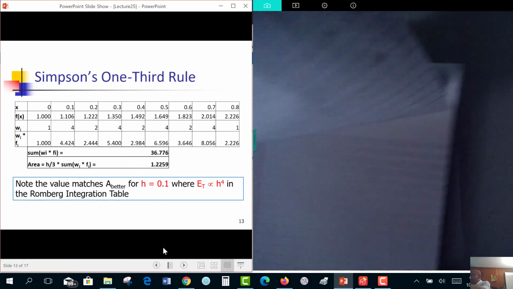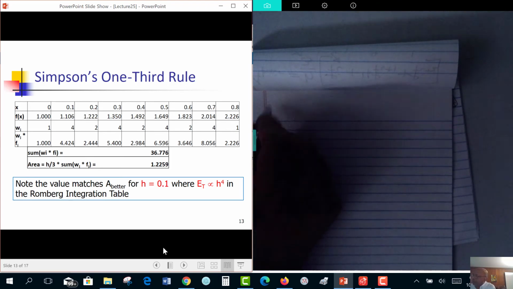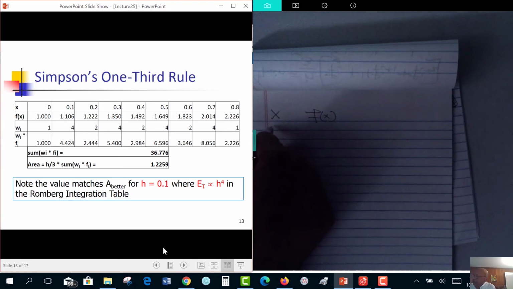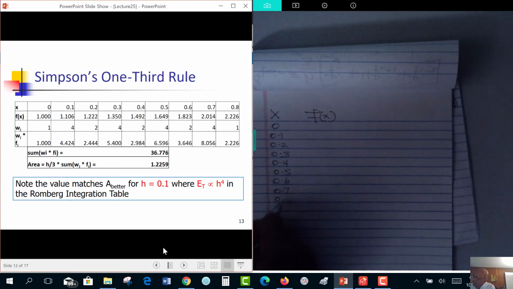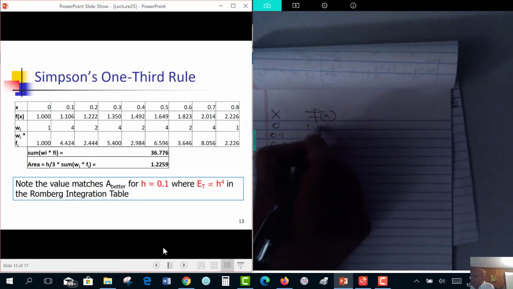So let's go ahead and do our example again. So this is x, this is function of x, spaced 0.1 apart. I'm going to copy down the values again.